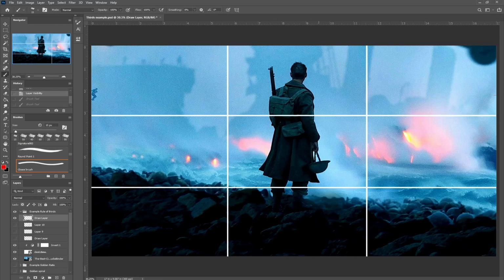So right off the bat, you might notice, okay, there's this red line here, but this doesn't follow the red line. You'll notice this area and this area are almost the same.